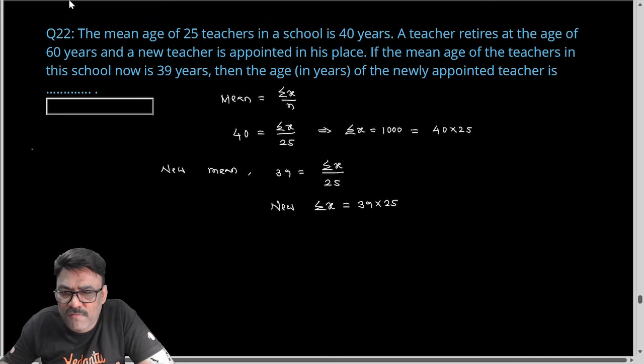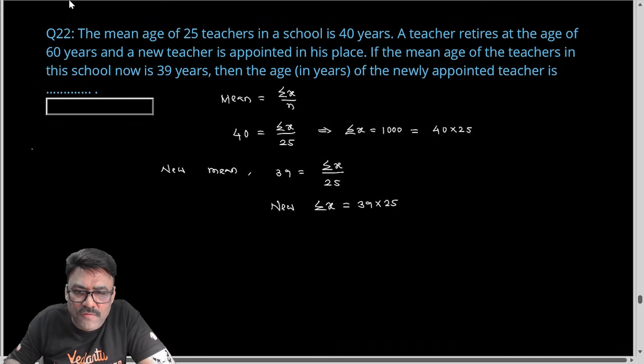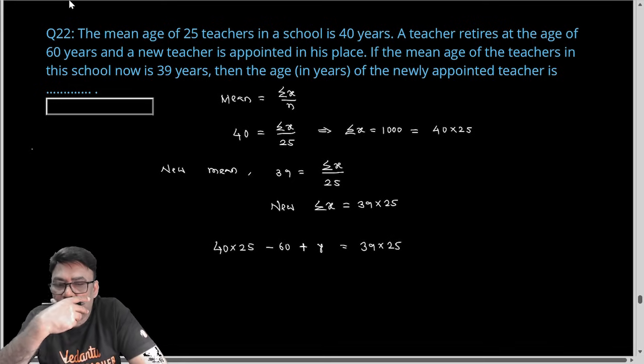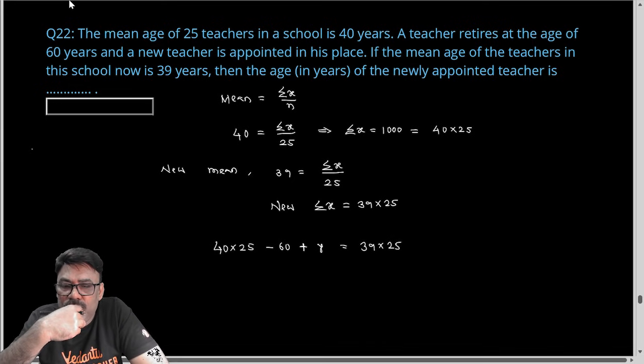In fact, from this 40 into 25, one teacher retired at 60, and a new teacher joined. Let's say the age of the new teacher is y. The teacher who retired at the age of 60 is subtracted, the new teacher is added, and this sum is 39 into 25.